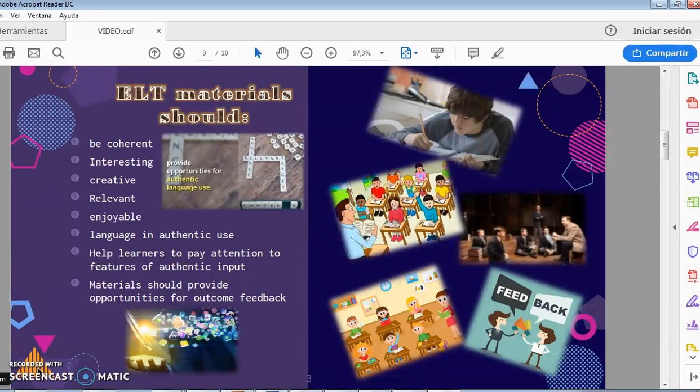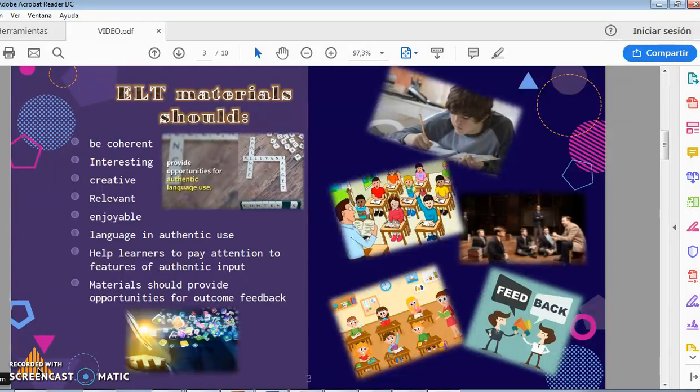Materials can facilitate a meaningful experience of language. They provide real-life examples of language used in everyday situations. They can be used to add more interest for the learner and help learners to develop confidence.